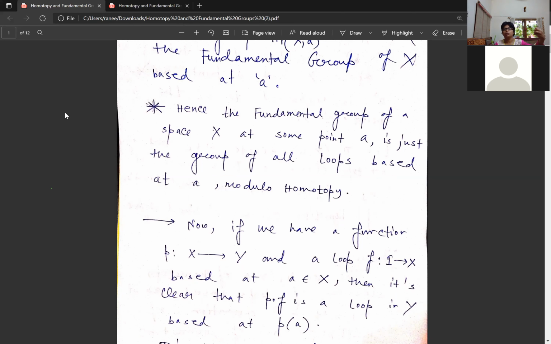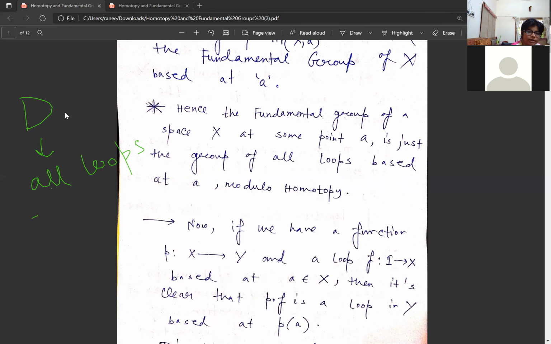They will not be the same, they will be homotopic, right? Up to homotopy you can say they are the same, but they are not actually equal. Let's say your set is D, which is the collection of all loops at A belonging to some topological space X.